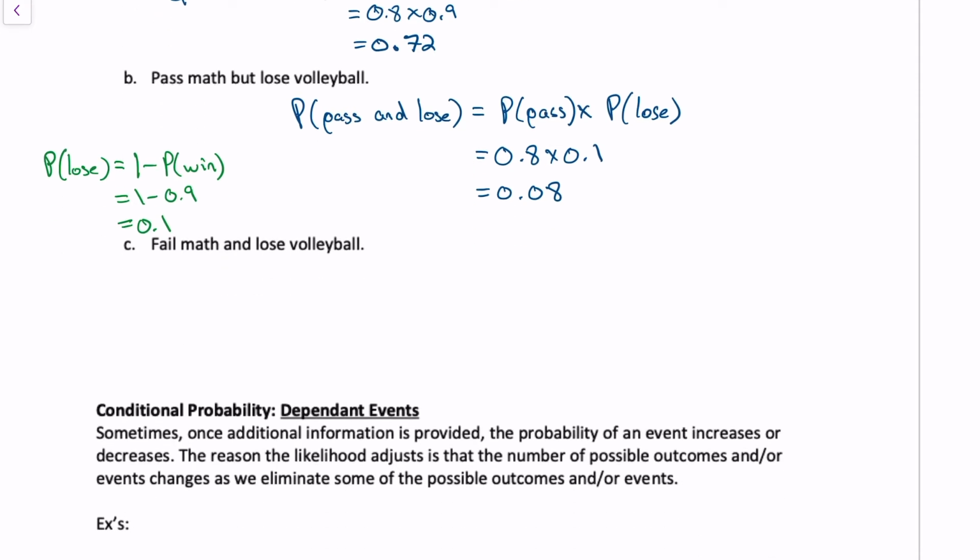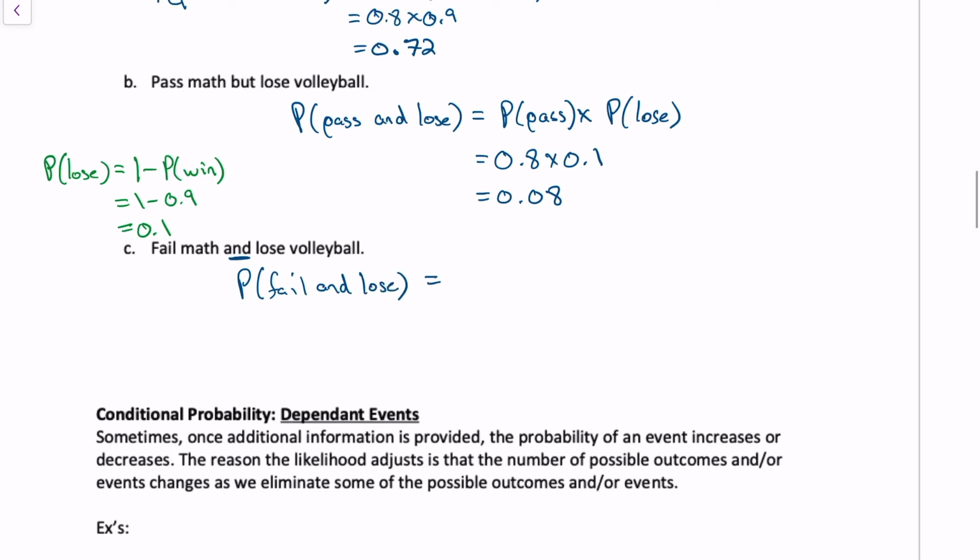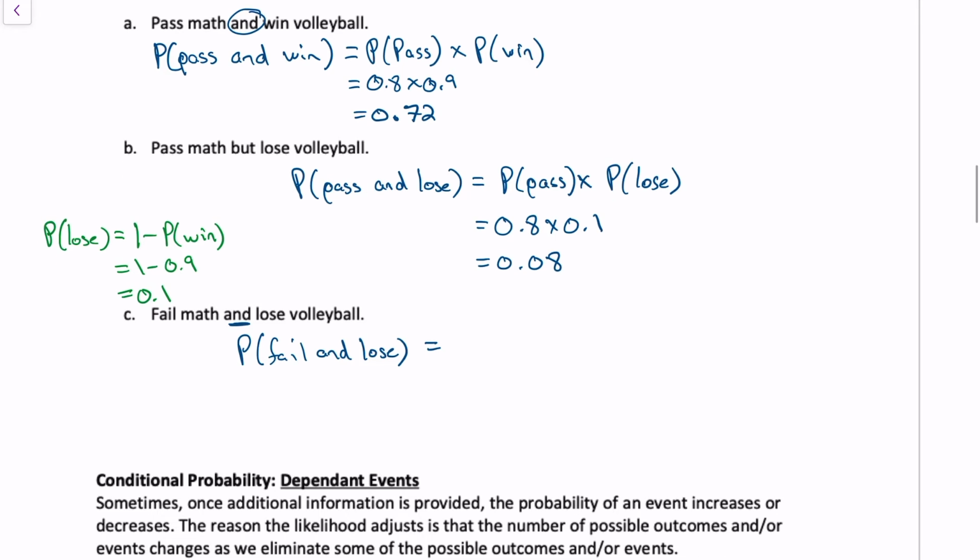And then the last one, fail math and lose volleyball. This time it does say and explicitly, so fail and lose. One thing I didn't mention is that these are obviously independent events. One doesn't impact the other, at least that's what we're assuming.